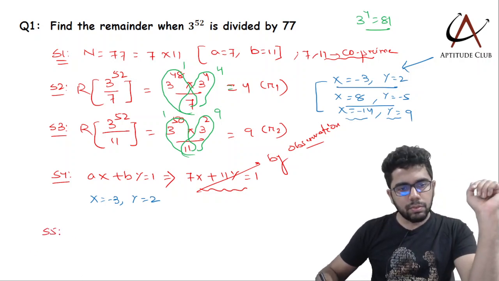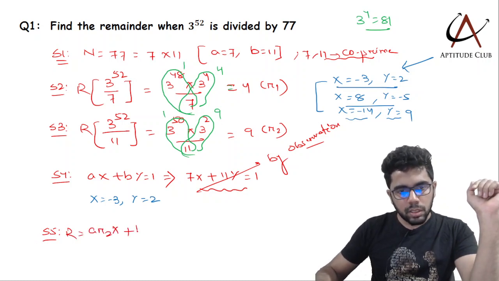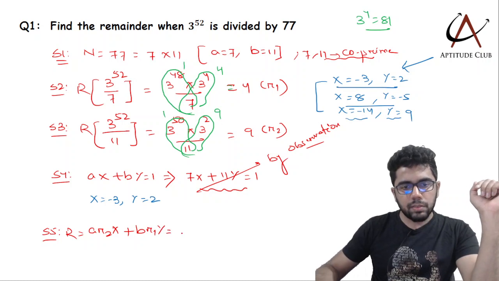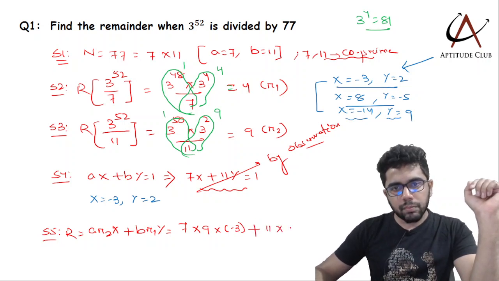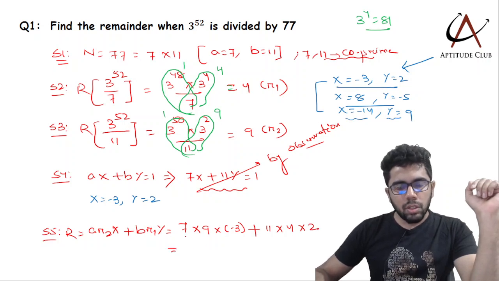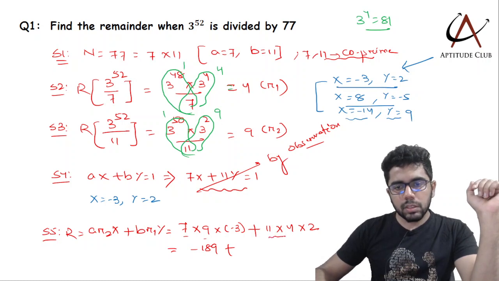So step 5, the final remainder is a r2x plus b r1y. So a is 7 into r2 is 9 into x is -3 plus b is 11 into r1 is 4 and y is 2. So that is 63 times -3, that is -189, plus 88.